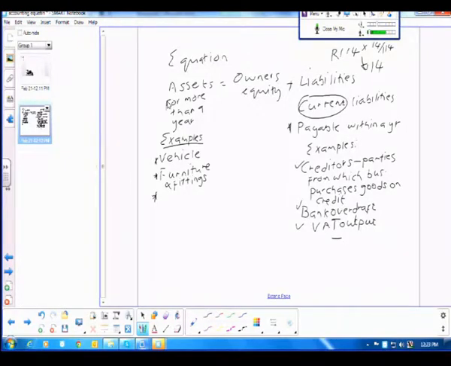So we'll have equipment here, and this will include your computer softwares, as well as your laptops. Your computer softwares, we call them intangible assets. So we have items such as your vehicle, your furniture and fittings, your equipment.